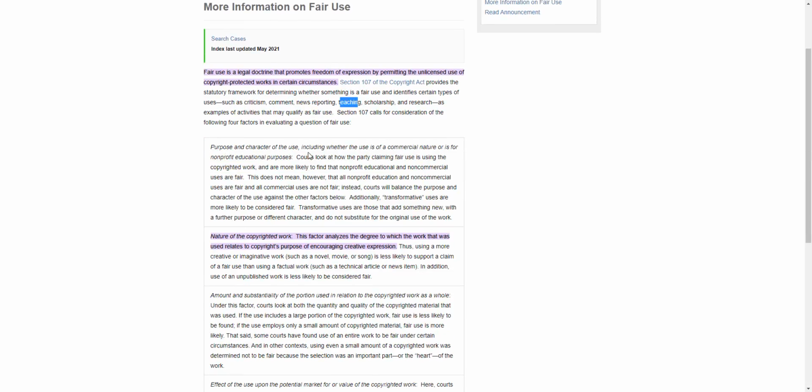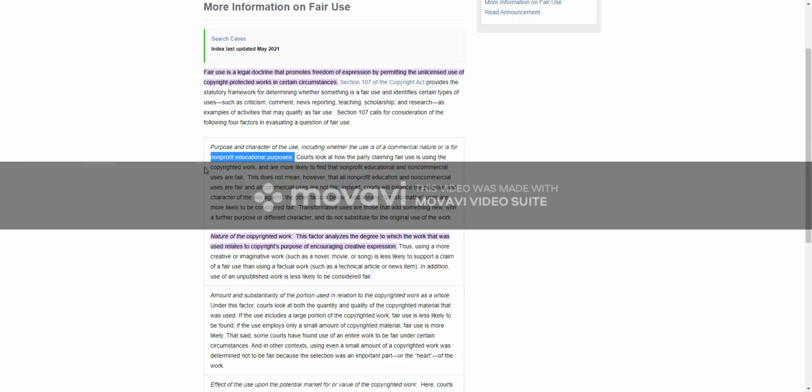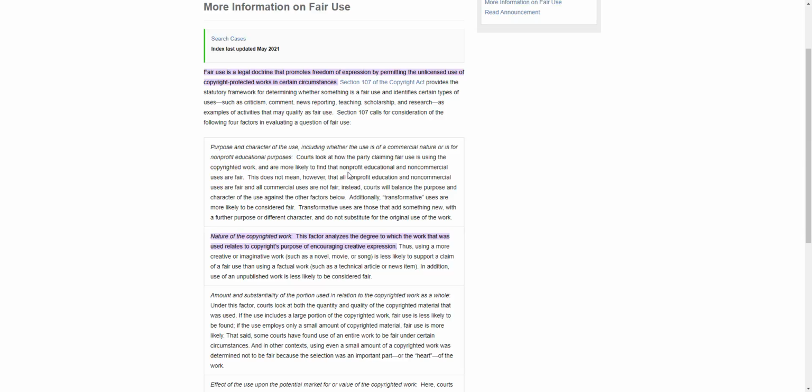Purpose and character of the use, including whether the use is of a commercial nature or is for non-profit educational purposes. That would be me. Courts look at how the party claiming fair use is using the copyrighted work and are more likely to find that non-profit educational and non-commercial uses are fair.